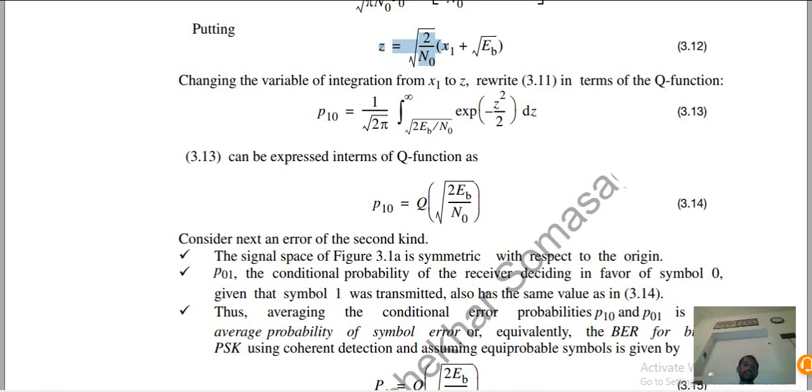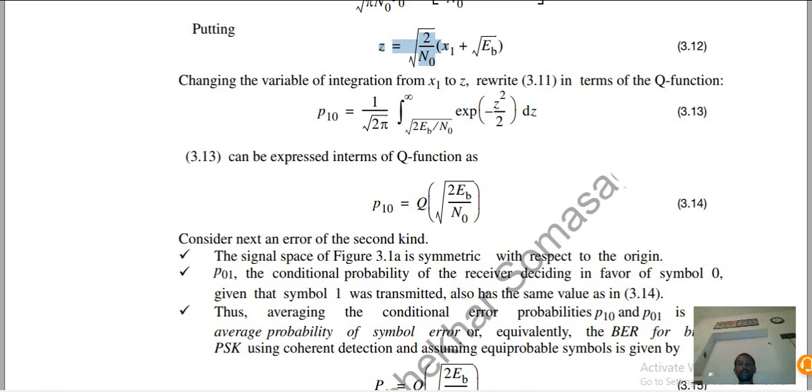Thus, averaging the conditional error probability: sending 0 but deciding as 1, and sending 1 but deciding as 0. Now you just take the average of all these.